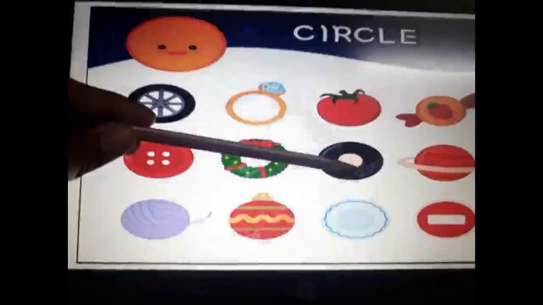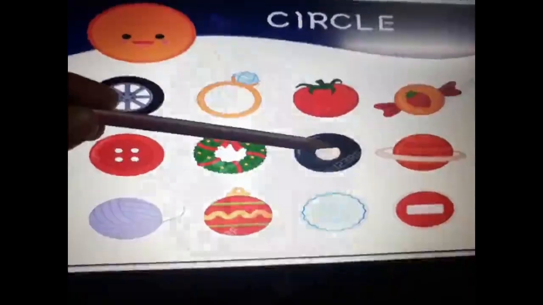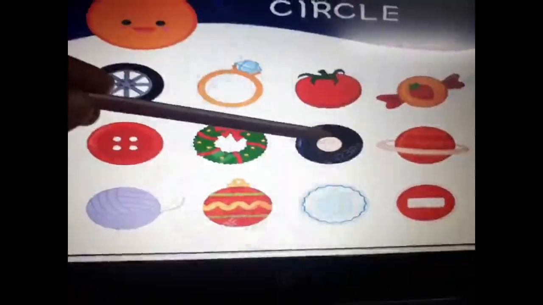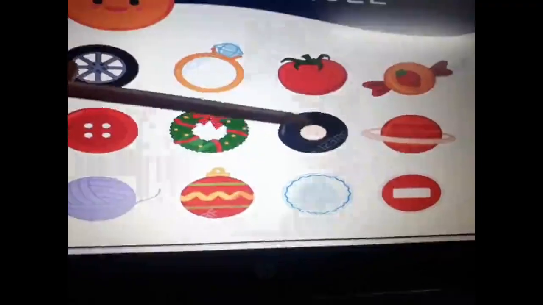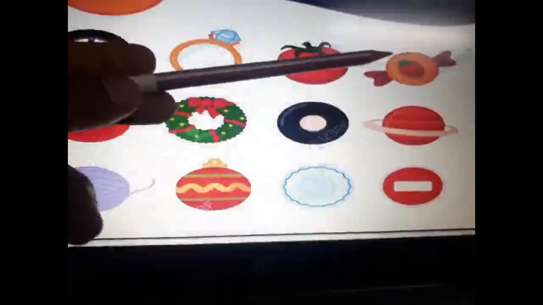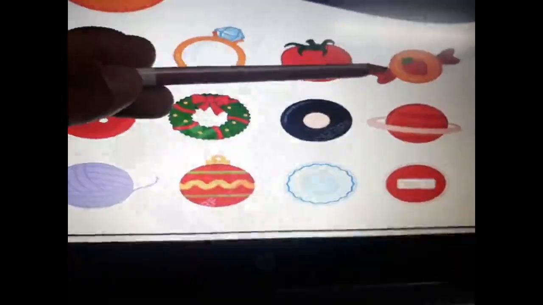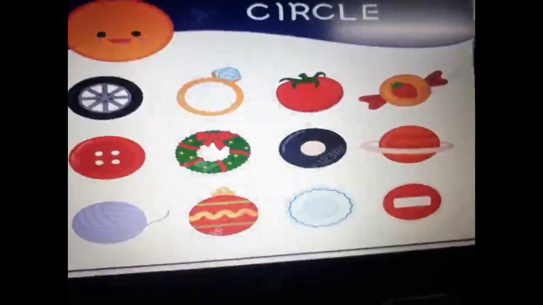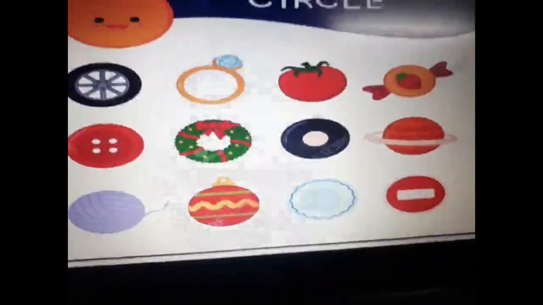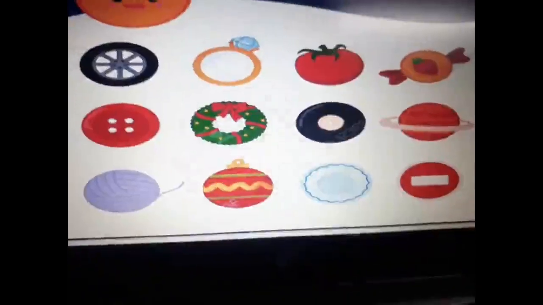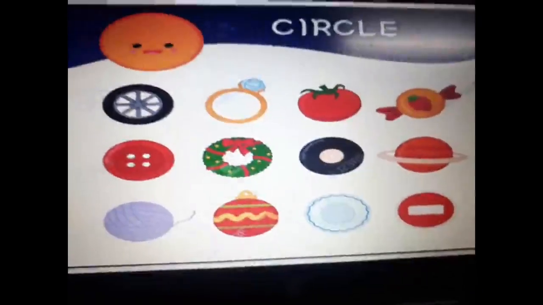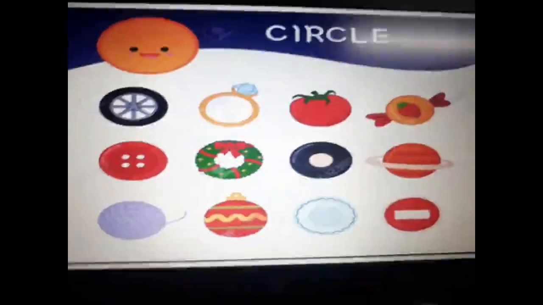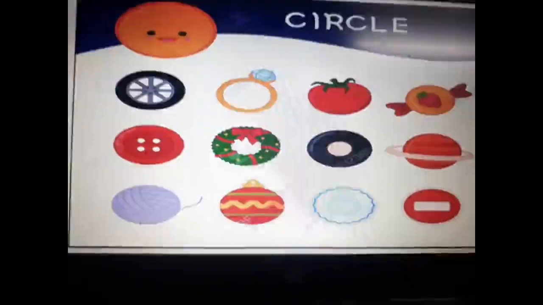Then we have a disc, the one with which we play. We have candies. They are sometimes circle in shape. Then this is a planet. Again, the planets are circle in shape. We have Earth, we have Mars, Venus, Jupiter. Different planets, they all are circle in shape.